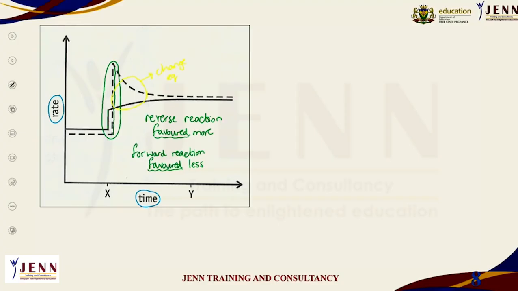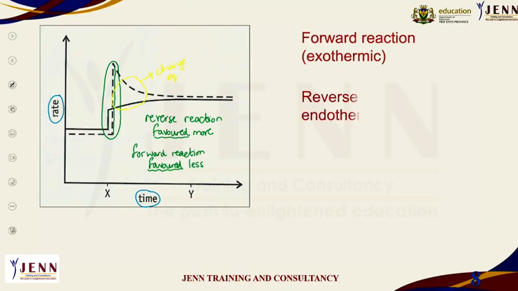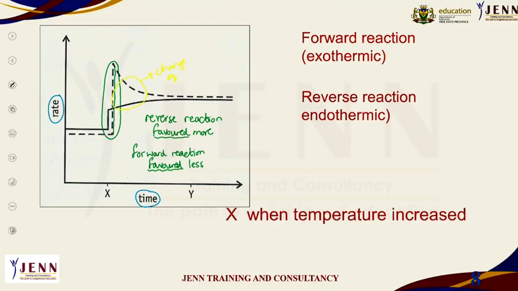So just make sure both are favored, the one just more than the other one. Again, my forward reaction was exothermic, my reverse reaction was endothermic. I knew that beforehand, but it's not always going to be like that. It depends on the information that is given. But the important thing here is both are favored, the one just more than the other one.